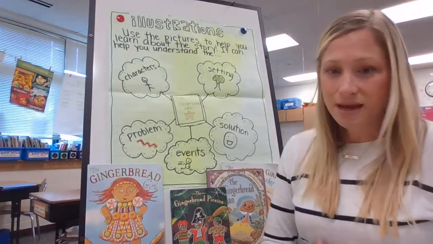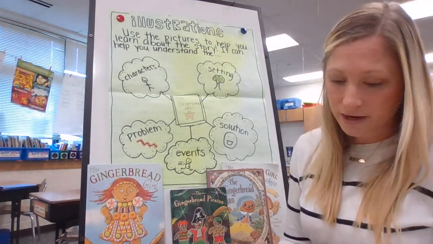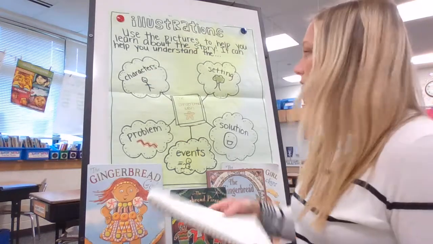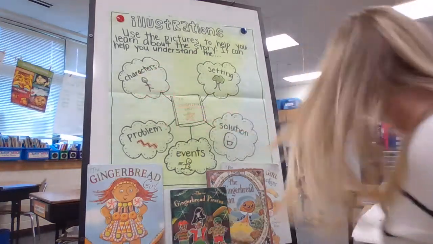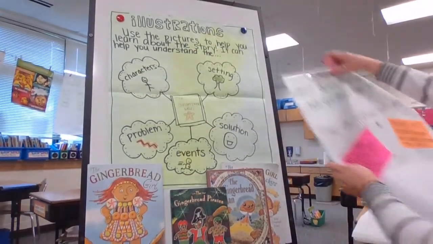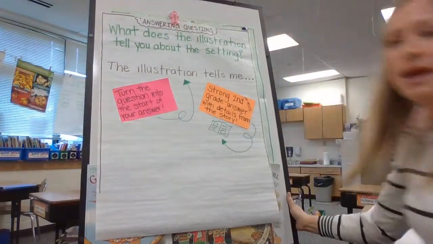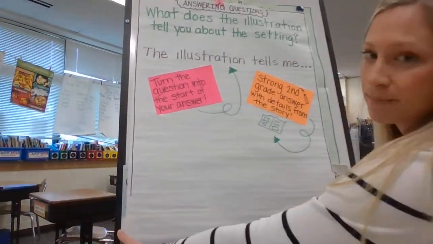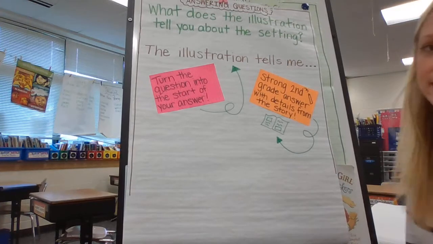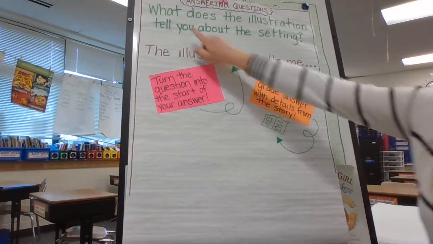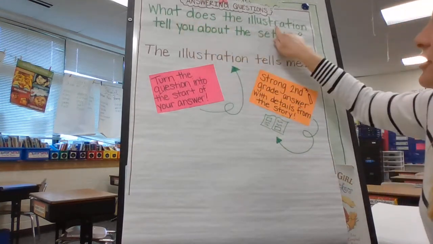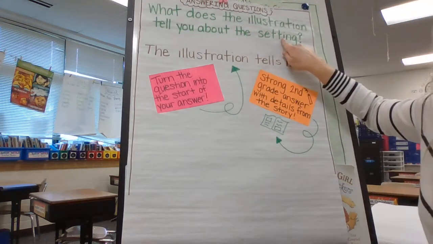The next thing that we're going to work on is, when we have a question, how do we answer that? I'm going to put up another little poster. When you go and read your gingerbread books this week, you're going to have some questions to answer when you're all done. You might have a question like, what does the illustration tell you about the setting?